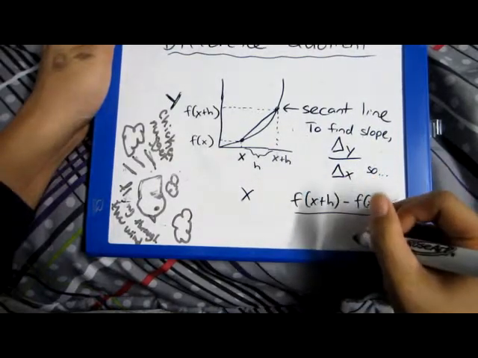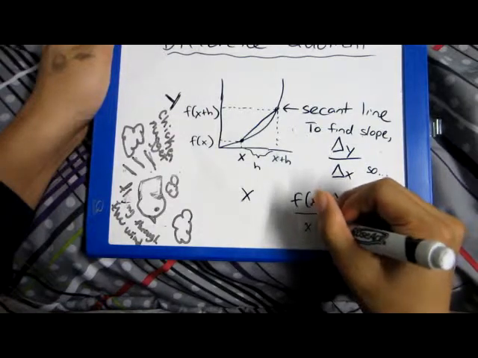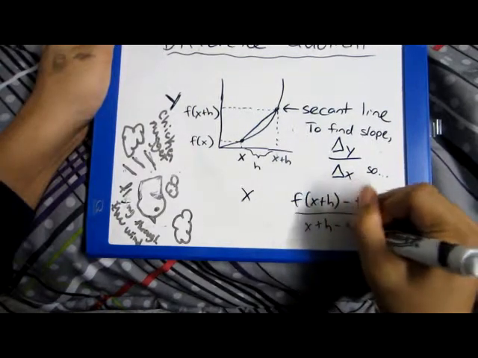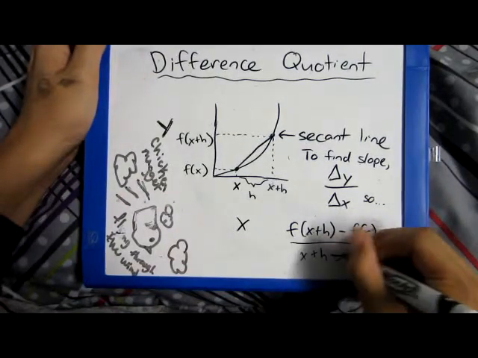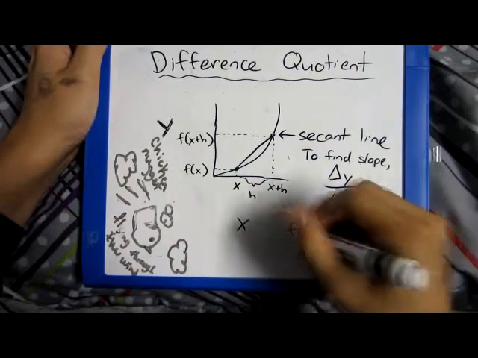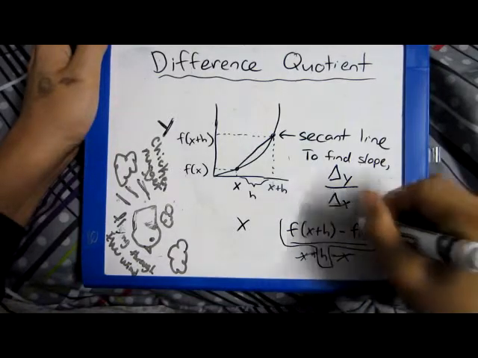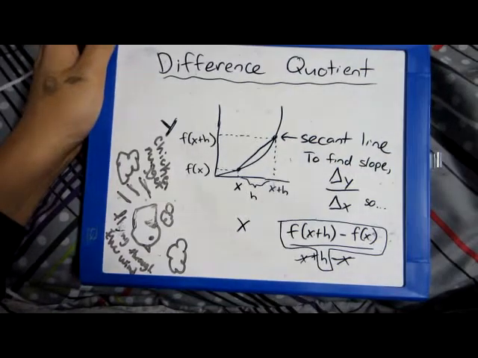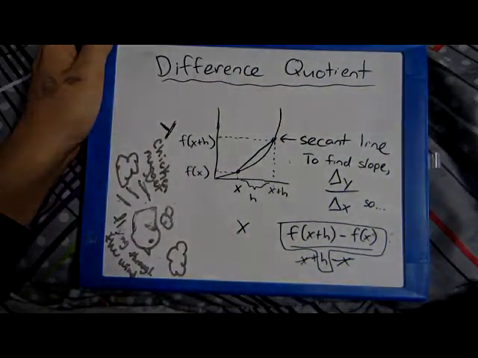And f of x plus h will represent y2, whereas f of x will represent y1. And on the bottom, we will divide all that by x plus h minus x. And x and negative x will cancel out, so we will end up with f of x plus h minus f of x over h. And this is the difference quotient.